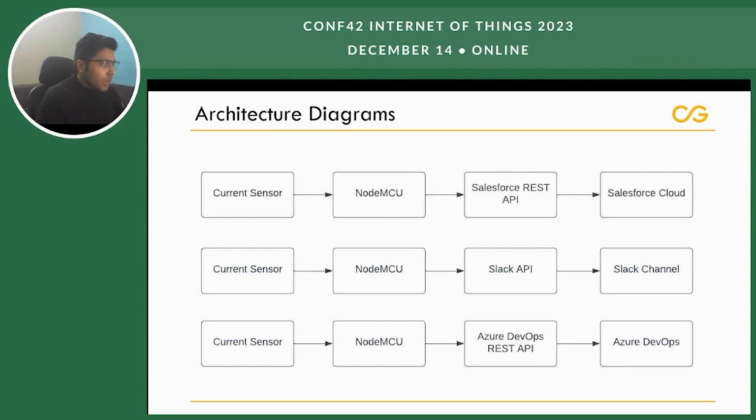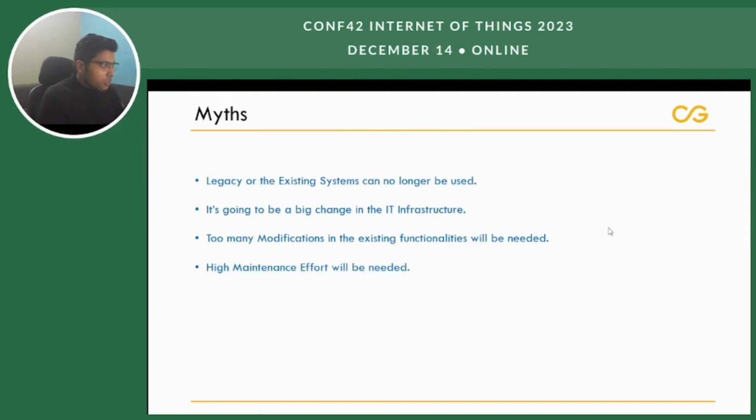Let's go back to the myth slide to ensure that we have covered all of them. We were able to integrate our IoT device with our existing systems of Salesforce, Slack, and ADO, with no big change in the infrastructure, and no existing functionalities were tampered with during the change.